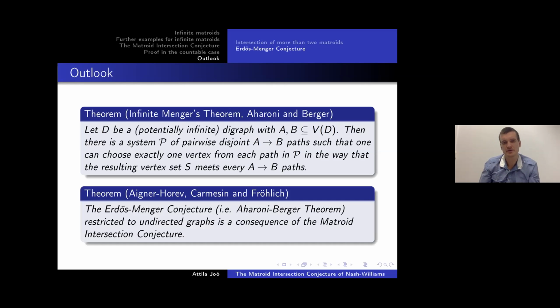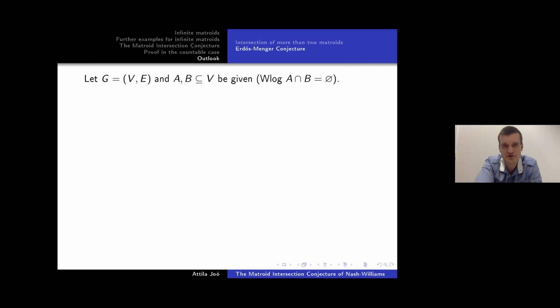Okay, and it was discovered by Aigner-Horev, Carmesin, and Fröhlich that the undirected version of this conjecture actually can be derived more or less shortly from the Matroid intersection conjecture. So let's see some details of this application. We have an undirected graph, and two subsets of the vertex set.